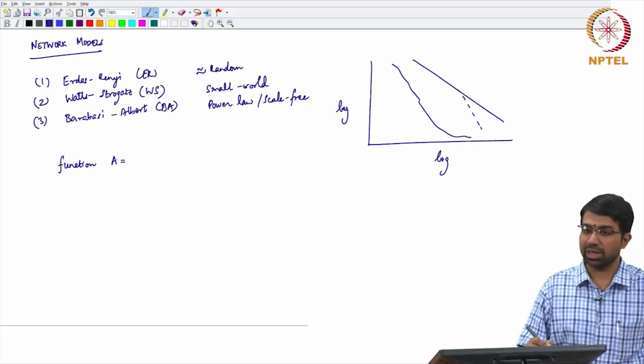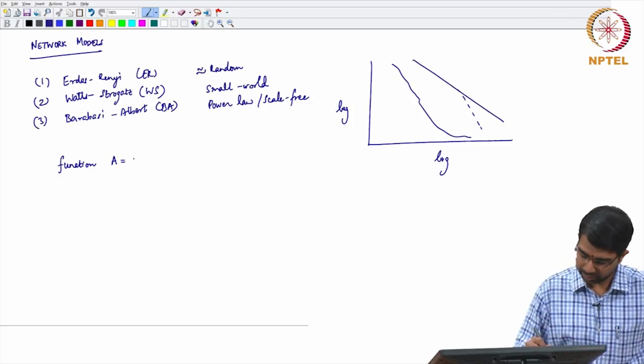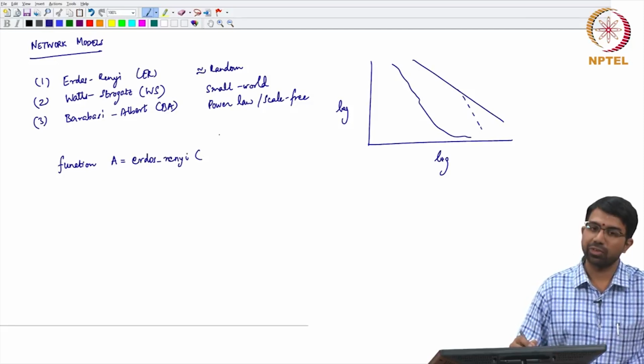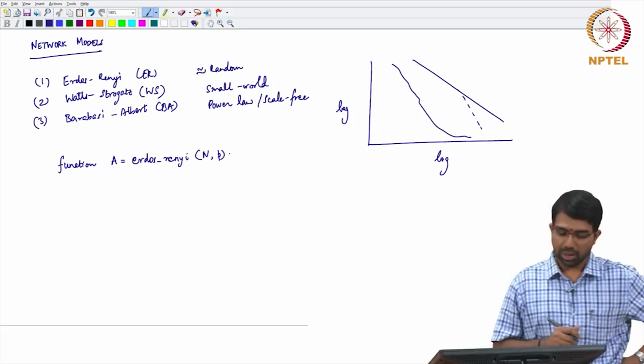You want to basically create the adjacency matrix corresponding to any given network.